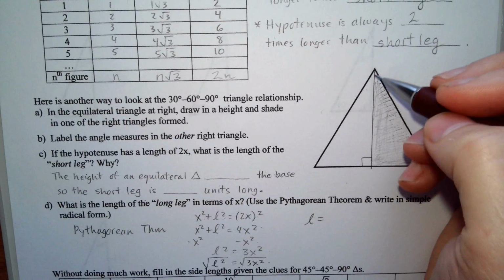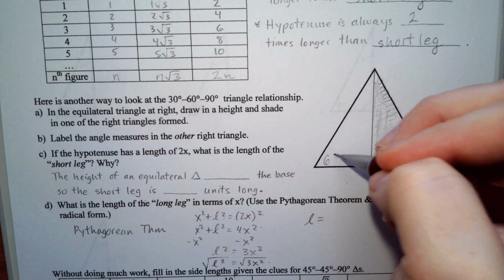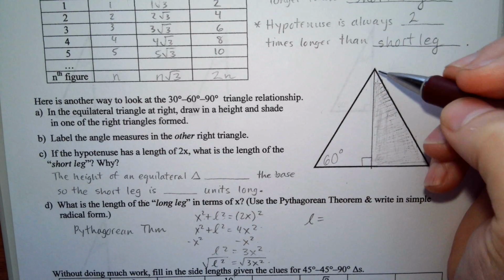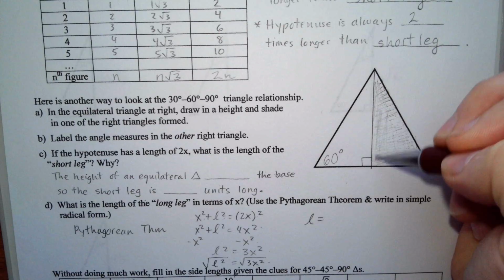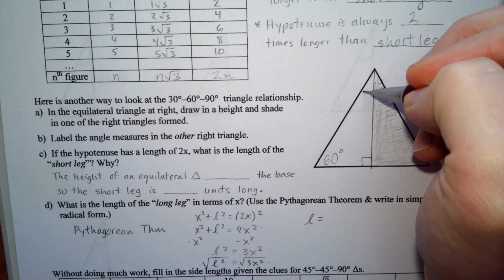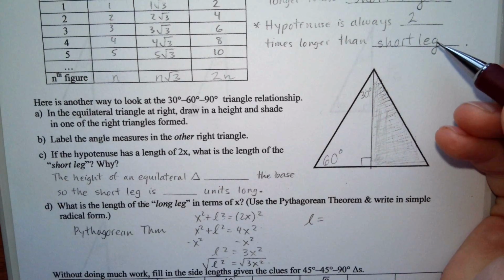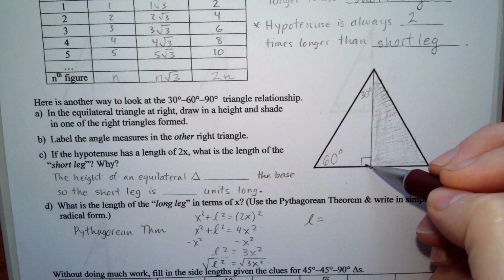We've learned previously that an equilateral triangle is equiangular, and every angle is 60 degrees. We also learned that the height bisects the angles, so this angle must be half of 60, which is 30. So there is our 30, 60, 90 degree triangle.